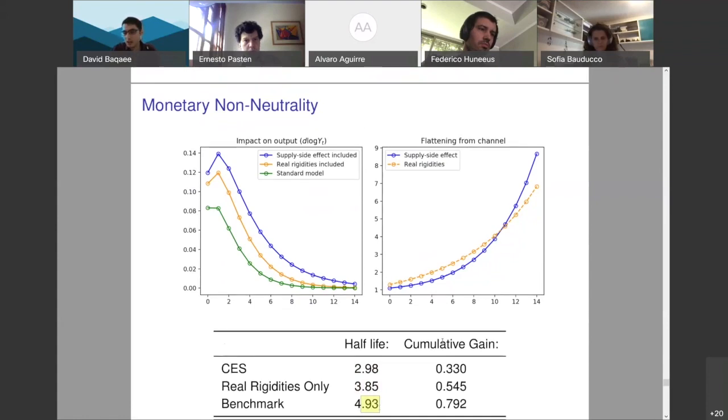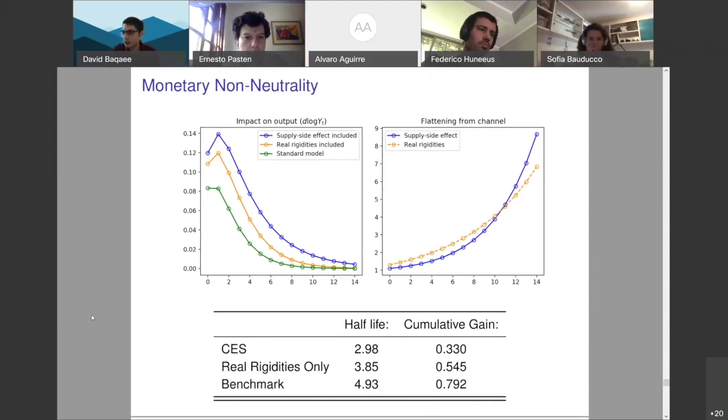Another way you can measure monetary non-neutrality in this model is to use the Alvarez, Lippi et al. statistic. They say one universal way that you should measure non-neutrality of money is to integrate under the impulse response curve for output. So you just add up the net present value of the effect of the monetary impulse. In the CES model, it's 0.33.